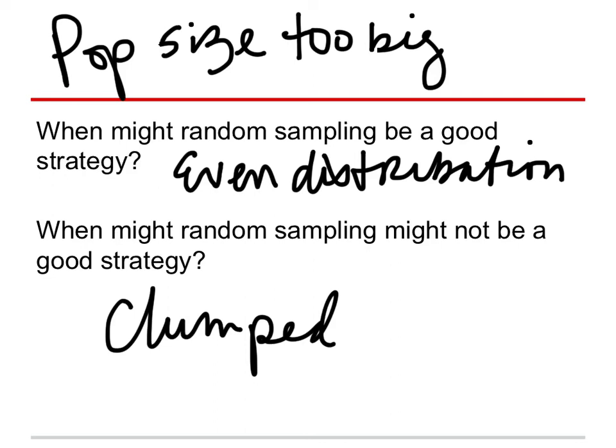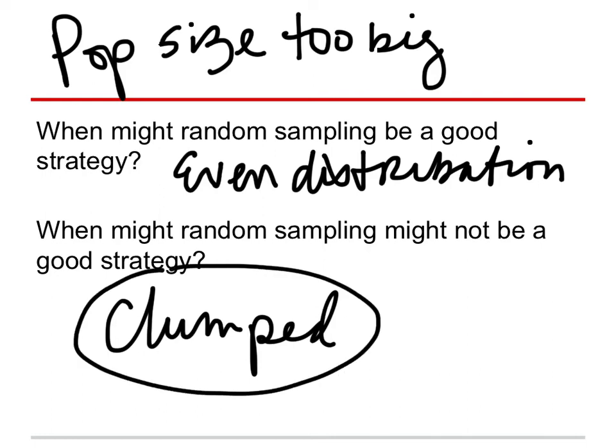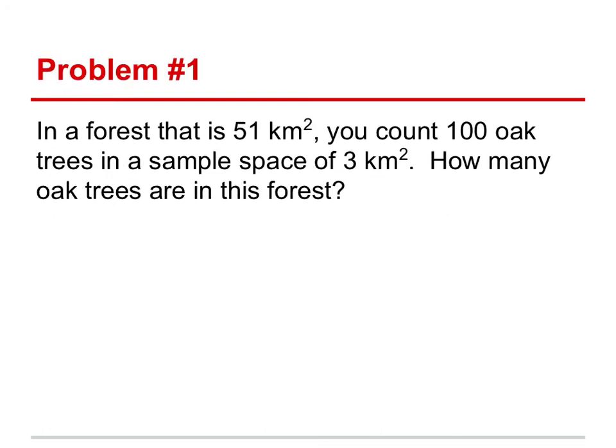If we randomly sample and take samples all around the forest, that might not be very representative if all of the fungus is in the center. In a clumped distribution of organisms, random sampling will not give us a very accurate or precise measurement.